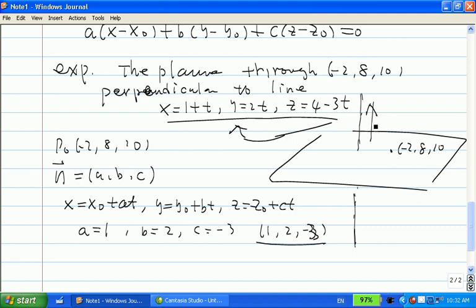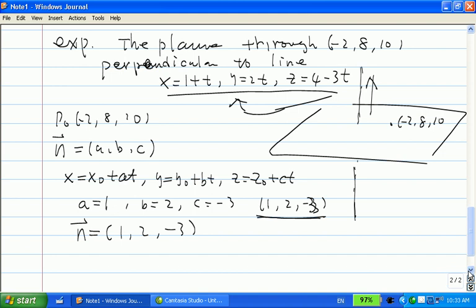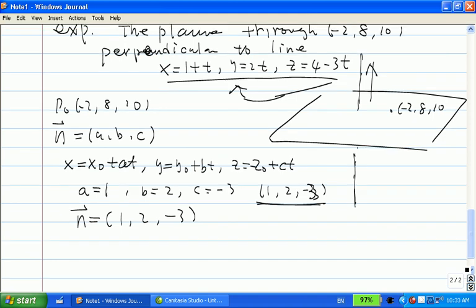On the other hand, because this line is perpendicular to your plane, this vector will be perpendicular to your plane. Therefore, that's exactly what we're looking for. So we have our P0, we have our n, which means we have a, b, c.